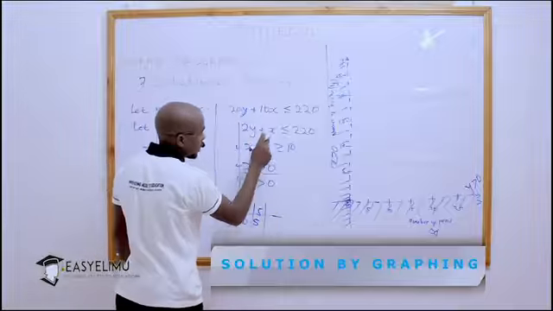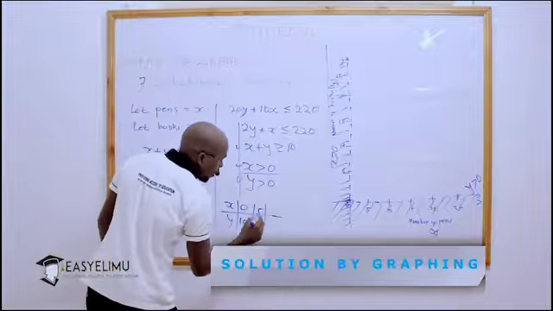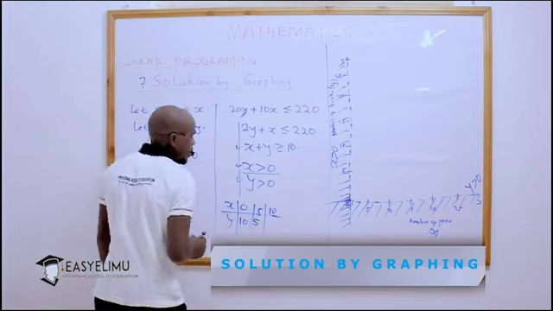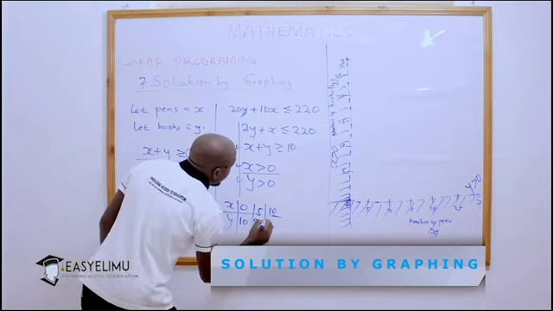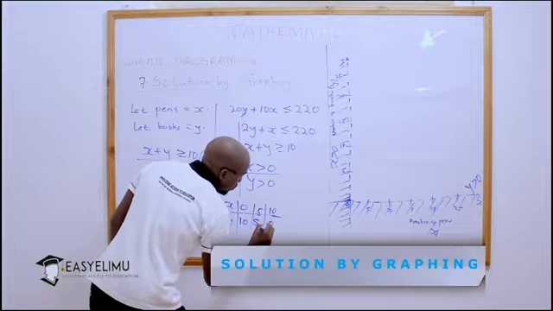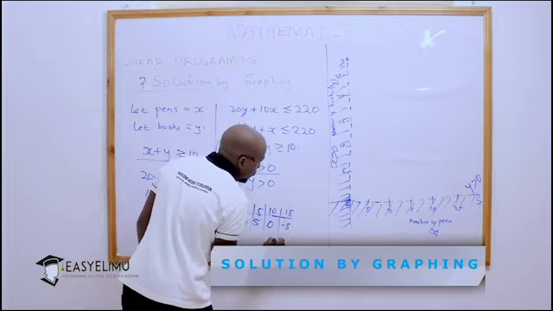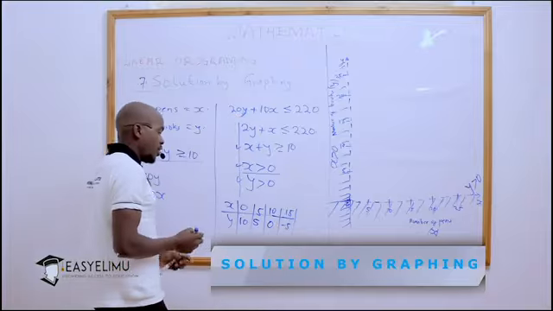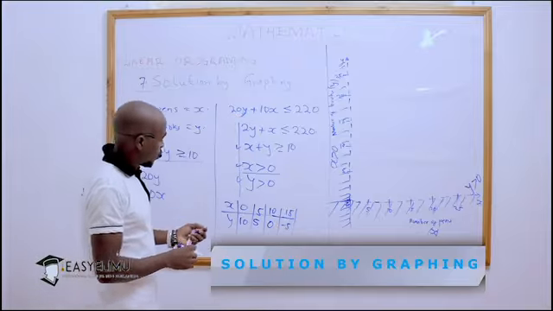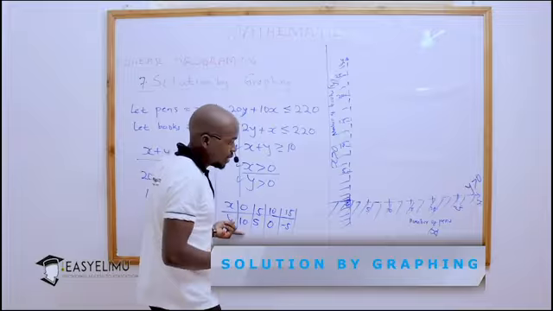And if x is 10, for example, y will be 0. And if x is 15, y will be -5, and so on. So if that is the case, we can plot this one, 0, 10.